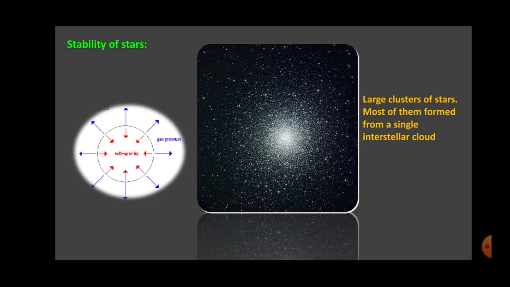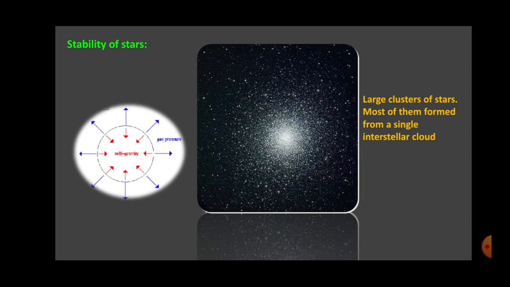Now, when we say that the star is also a sphere of hot gas, then why does this gas not disperse in space? This question arises in your mind, yes? This does not take place because of the gravitational force.